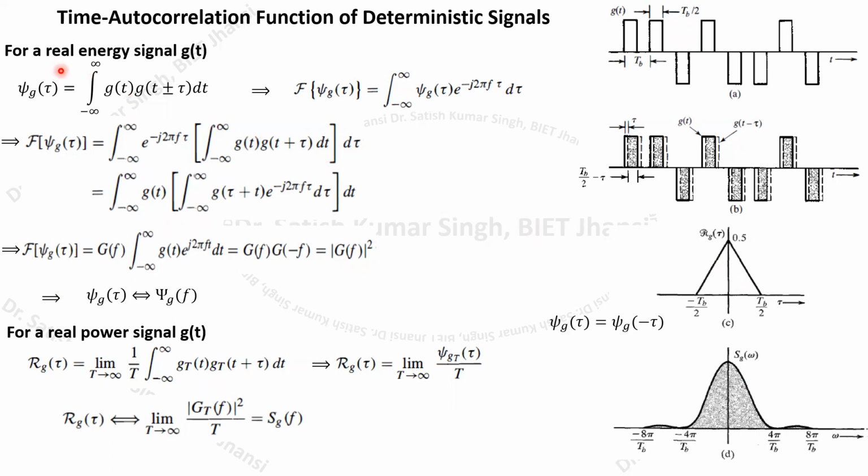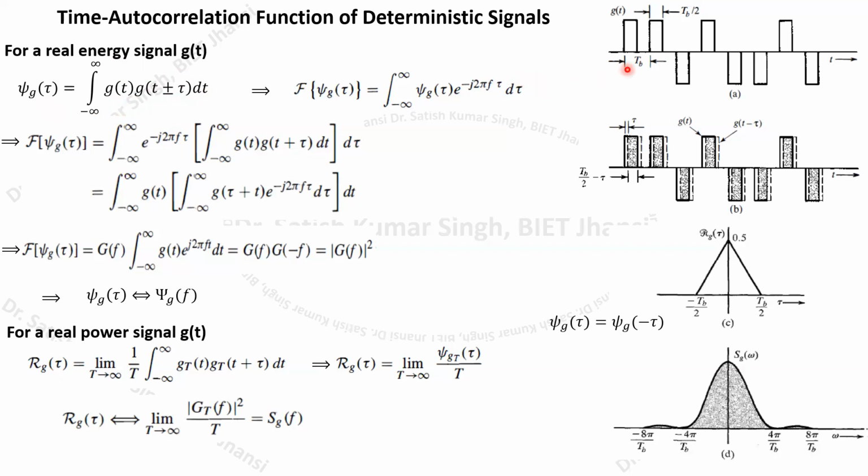The mathematical definition of the time autocorrelation function of a deterministic signal is this, psi_g(tau): the integral from minus infinity to infinity of g(t) multiplied with g(t plus or minus tau). It can take either a plus sign or a minus sign, and then we multiply them together and integrate over time. So this way we calculate the time autocorrelation of a deterministic signal.